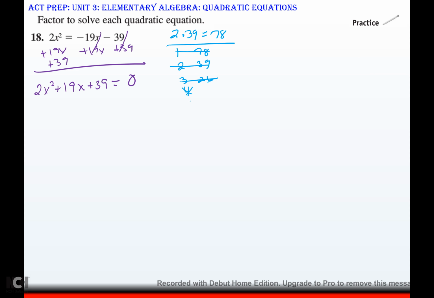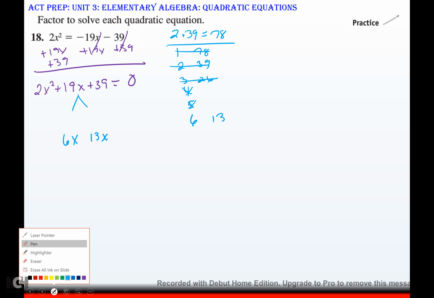4 doesn't go into 78. 5 does not go into 78. 6 goes into 78 13 times. Okay, so I'm going to rewrite B with 6x and 13x. I can make 19 out of that. C will tell you your sign. Since C is positive, the signs have to match, and they have to match the middle sign, which is plus.